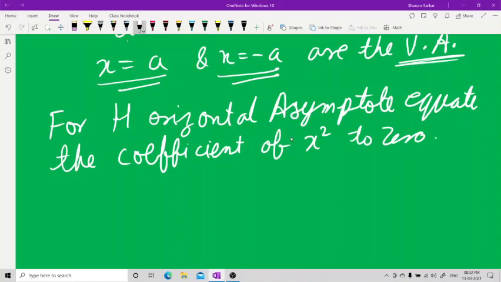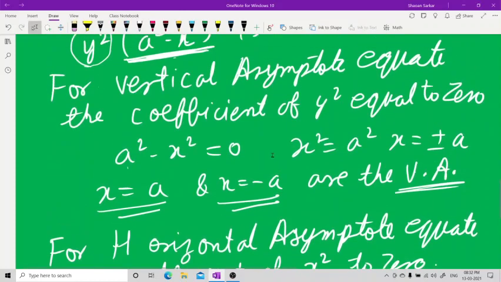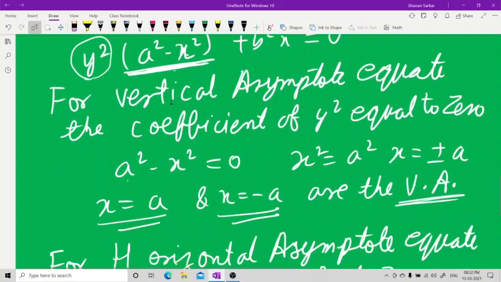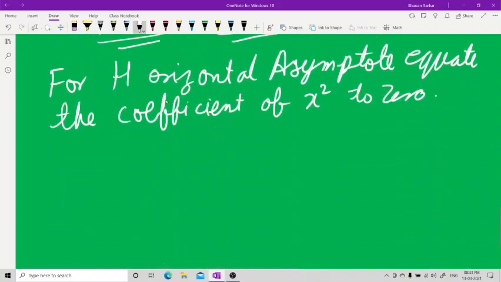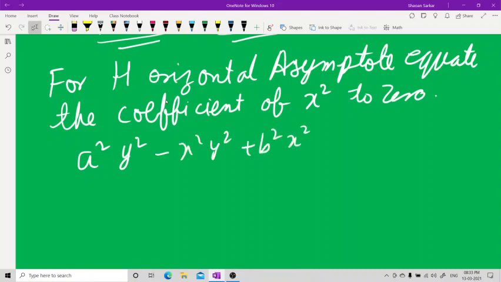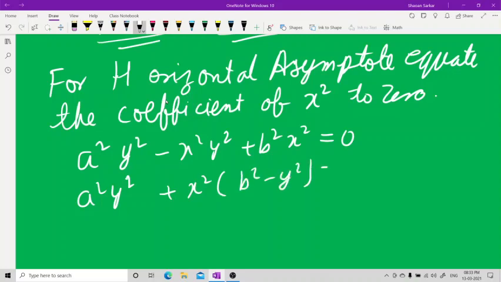What equation do we have? We have to reformulate: a square y square minus x square y square plus b square x square equal to 0. Now take x square common: a square y square plus x square into b square minus y square equal to 0.